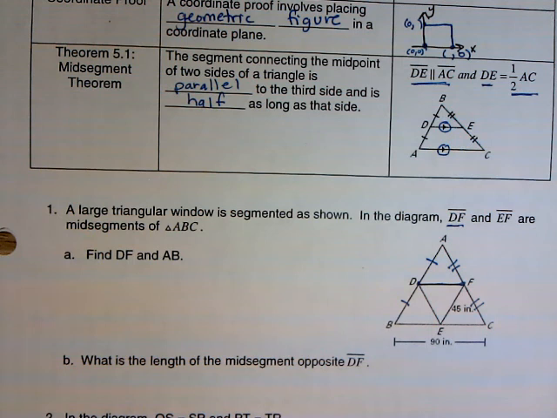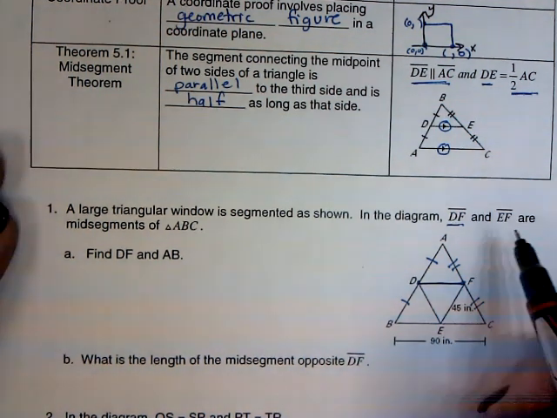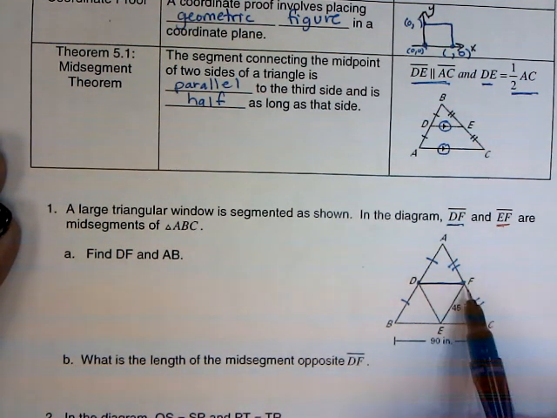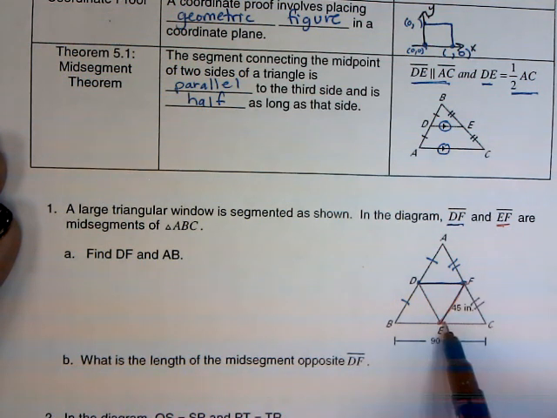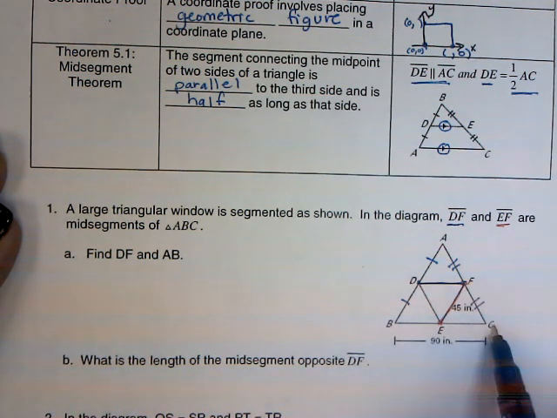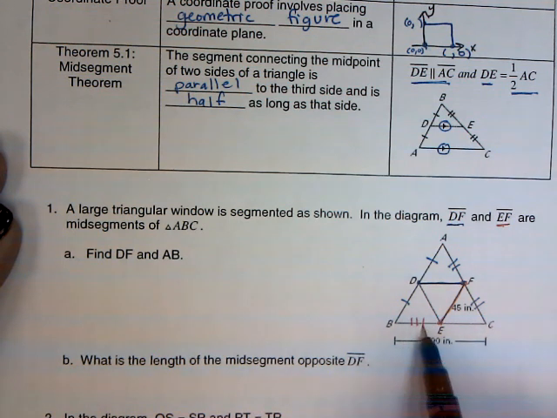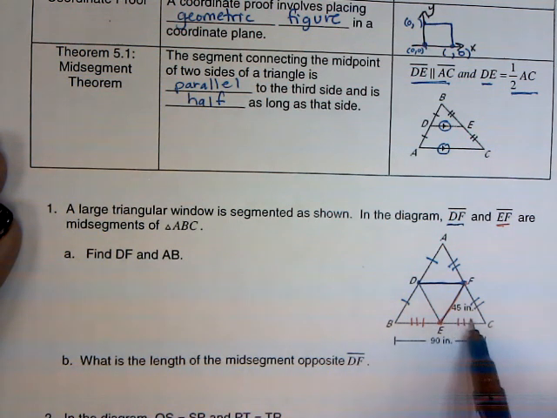Then it tells me that EF is also a midsegment. If EF is a midsegment this way, it means that it cuts BC where BE is congruent to EC.